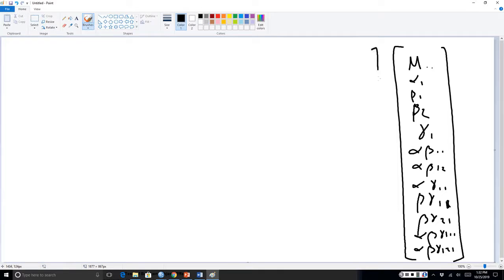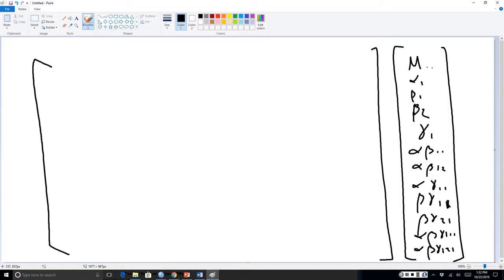All right. So now remember that each column, maybe to make it easier, we'll write these on top. So we have the mu dot dot, alpha 1, beta 1, run out of room, beta 2, gamma 1, alpha beta 1, 1, alpha beta 1, 2, sorry, no, I want beta, gamma 1, 1, beta, gamma 2, 1, beta, alpha gamma.